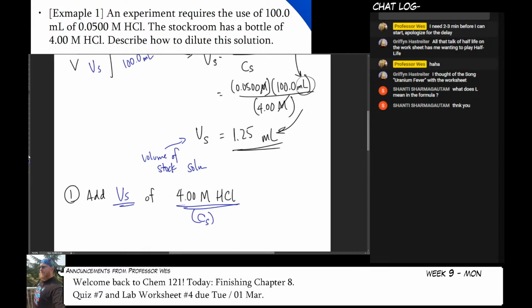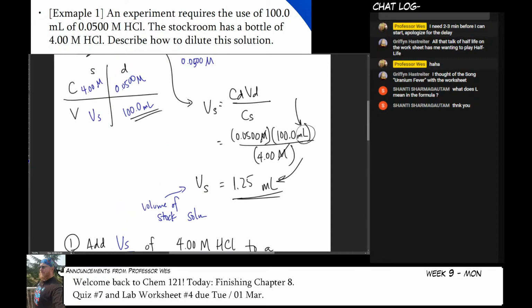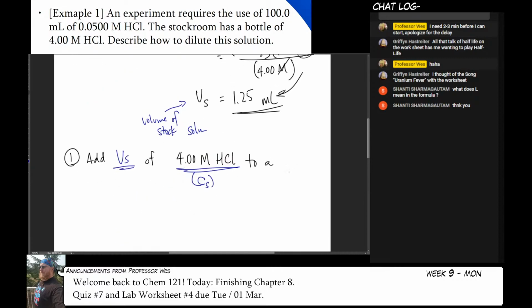Where are we going to put this? Are we going to put it in the trash? Are we going to put it in the toilet, the ocean, a shot glass? No, we're going to put it in a flask for preparing the solution, right? So add whatever volume you calculated of 4 molar HCl to A, and according to the problem, we wanted 100 milliliters of this.